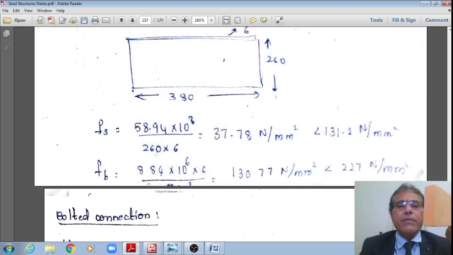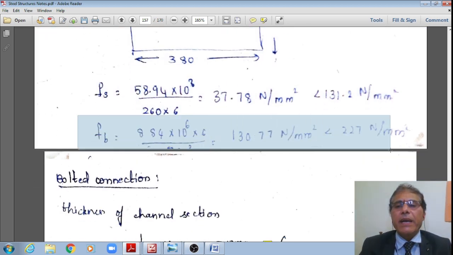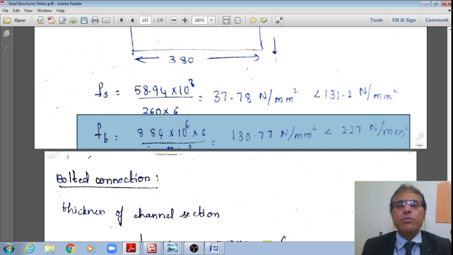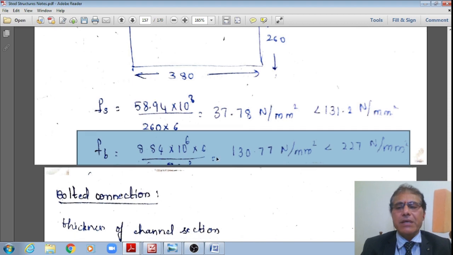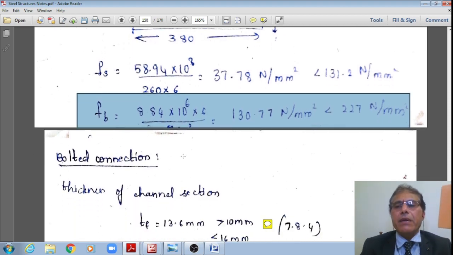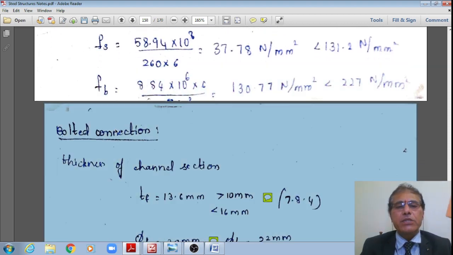And the actual bending stress is equal to 8.84 times 10 to the power 6 divided by BD square by 6, where B is 6 multiplied by 260 whole square divided by 6. That works out to 130.77, which is much less than the permissible bending stress of 227.27 MPa. It is okay, right? Therefore, these are okay in the individual checks.